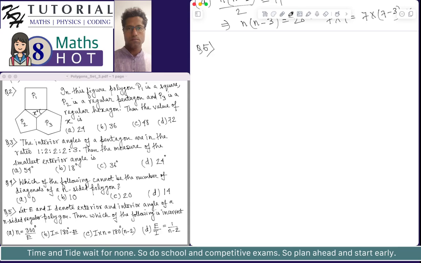Since the polygon is regular n-sided, we know that E will be 360 degree by n, where small n is the number of sides of the regular polygon, and also I, that is each interior angle, will be equal to 180 degree multiplied by n minus 2 divided by n. Then which of the following is incorrect?